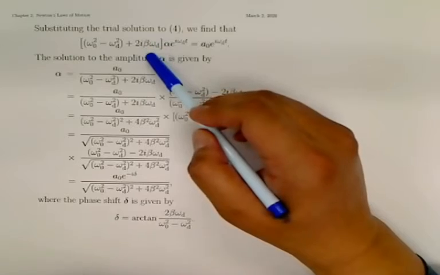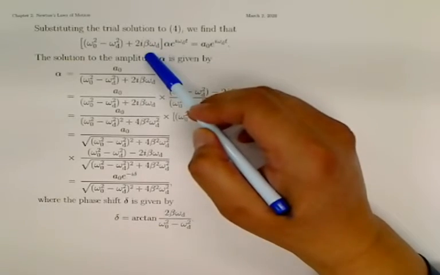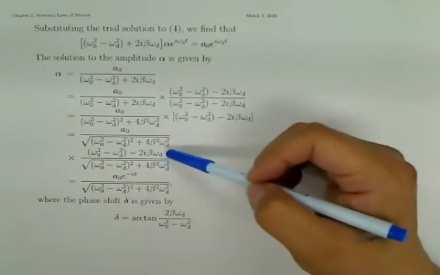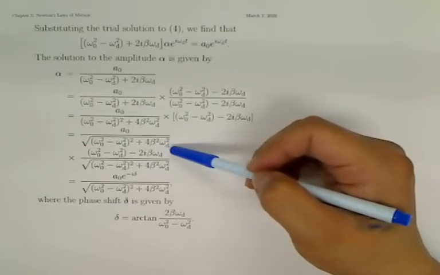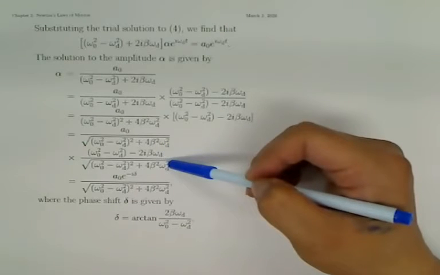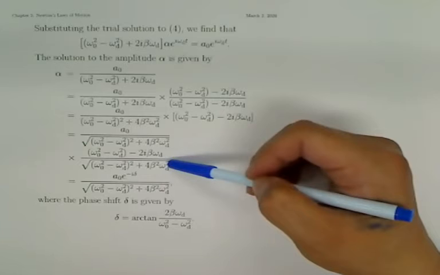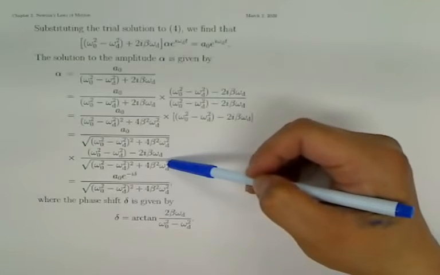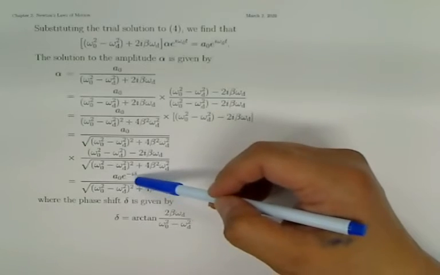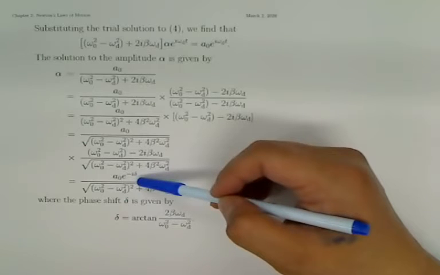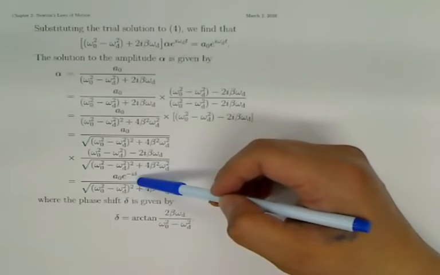That is to be factored out as a rationalized factor multiplied by a complex number of unit magnitude. The complex number of unit magnitude is always expressed as exponential i something, and the minus delta is the shifted phase of the complex function.